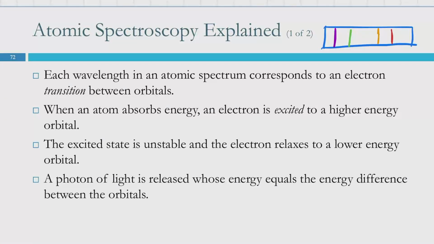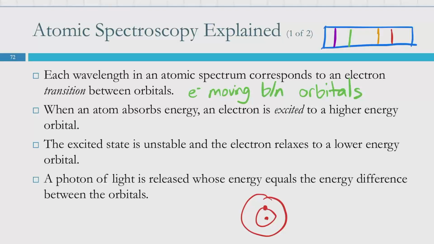So each wavelength in this atomic spectrum corresponds to an electron transition between orbitals. So we've got electrons moving between orbitals. This is the same idea as moving between orbits in our Bohr model.